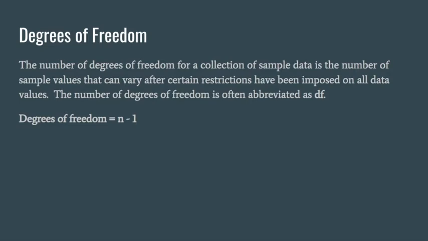Let's assume we have 20 students in our class, and I have 20 stickers, and I'm going to choose who gets what sticker. For the first student, I have 20 stickers to choose from, so I pick one and give it to that student. And I go on down the list, and I only have 19 choices to make.